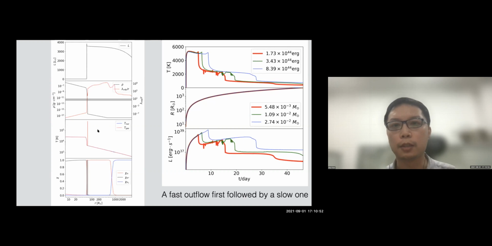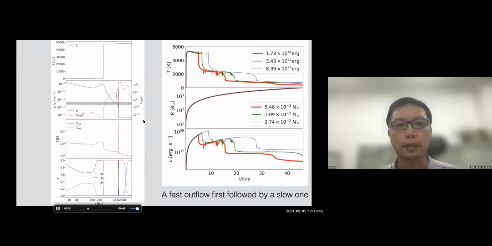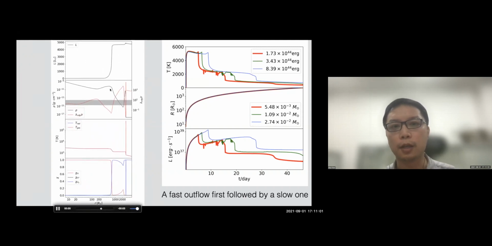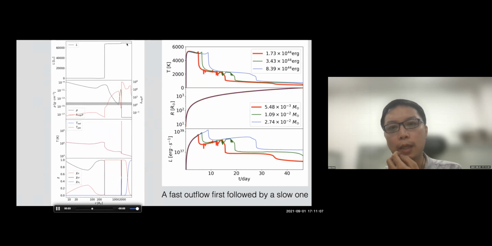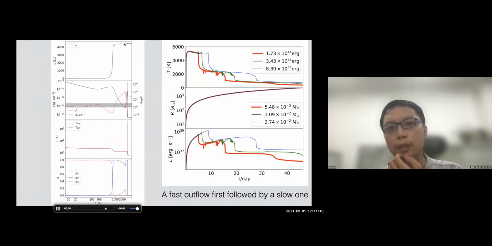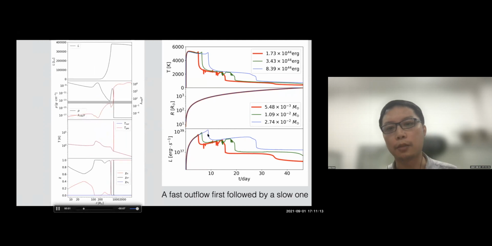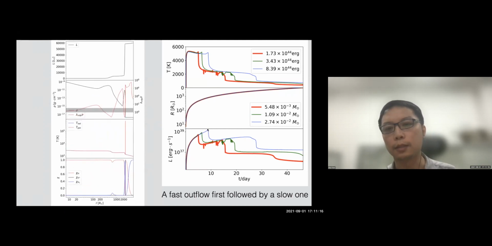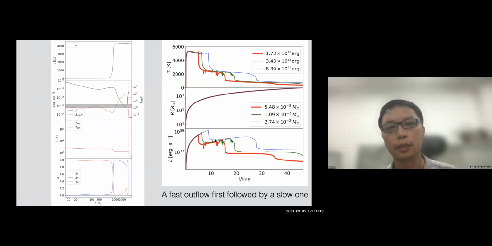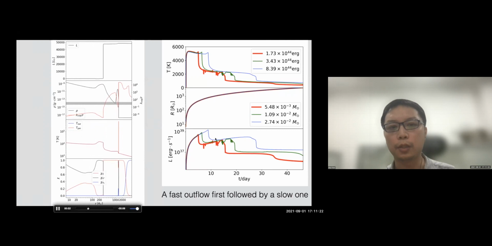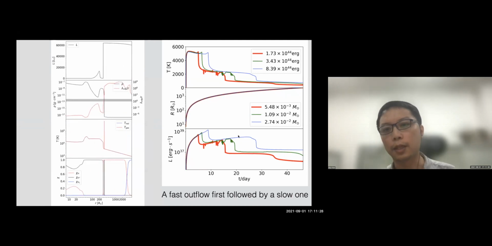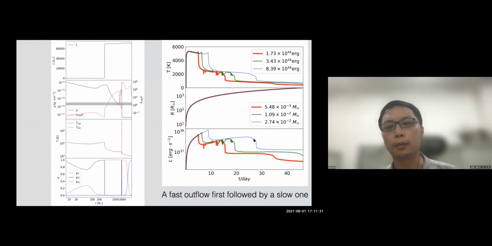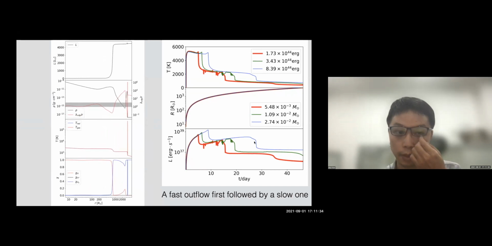The left panel shows the simulation of the right, the blue line. We see that as the first shell expands faster, the second shell cannot catch up, and the luminosity first rises rapidly and then suddenly becomes transparent, the opacity becomes very small, and the luminosity decreases. Then it reaches the second plateau, which is the hydrogen molecular recombination, because of the latent heat from the recombination energy.